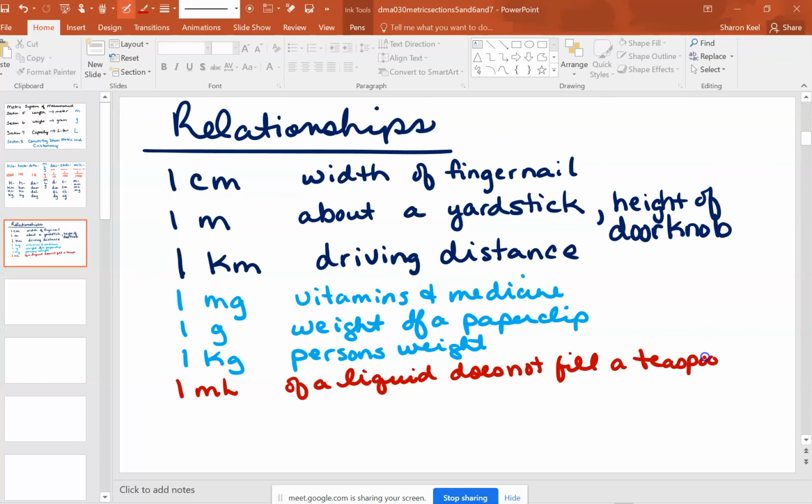Not the size of spoon that you eat your cereal out of, or a soup spoon. A teaspoon is a very small measurement, and 1 milliliter does not fill that.